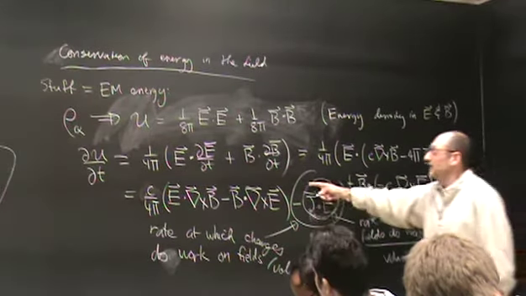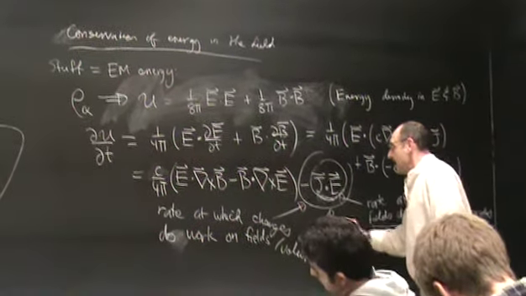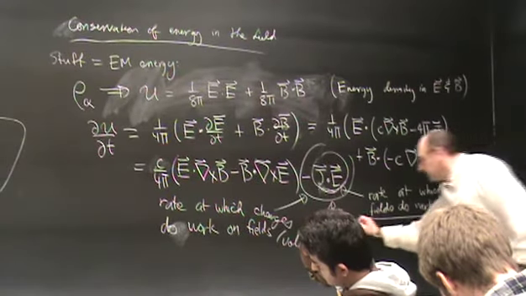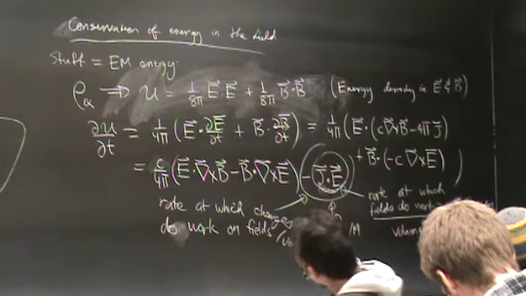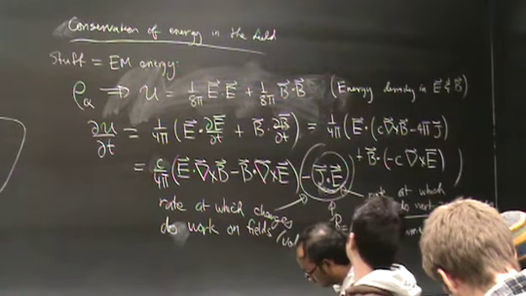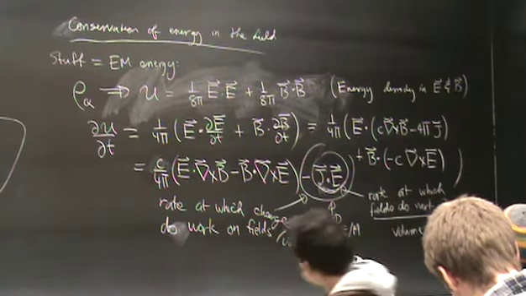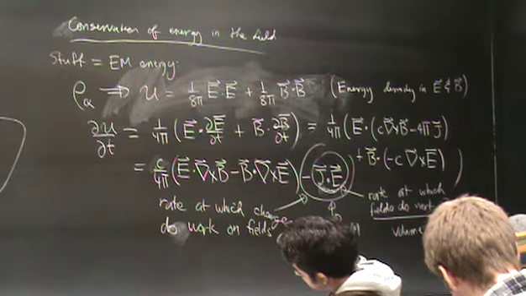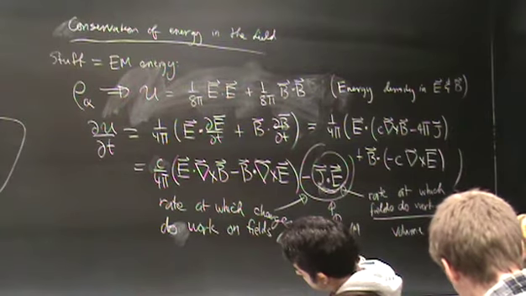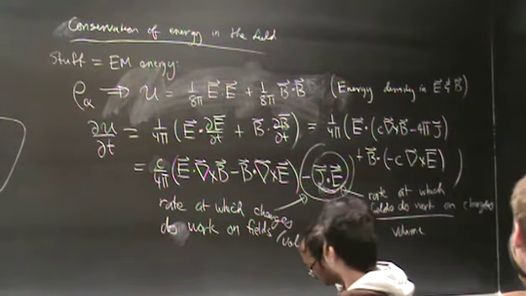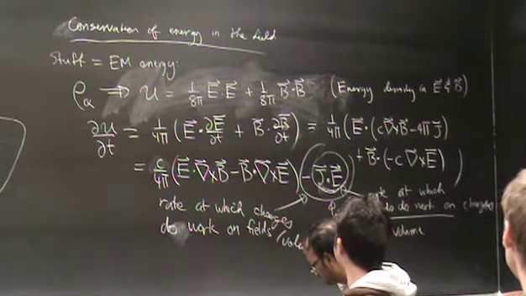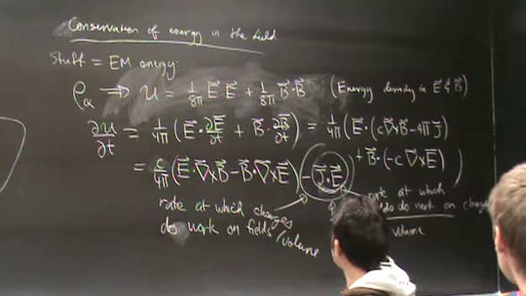So minus J dot E is equal to the rate of creation of electromagnetic energy per unit volume. Now, if minus J dot E is negative, then we're not creating energy, we're dissipating energy. But if minus J dot E is positive, then we're creating energy in the electric and magnetic fields.